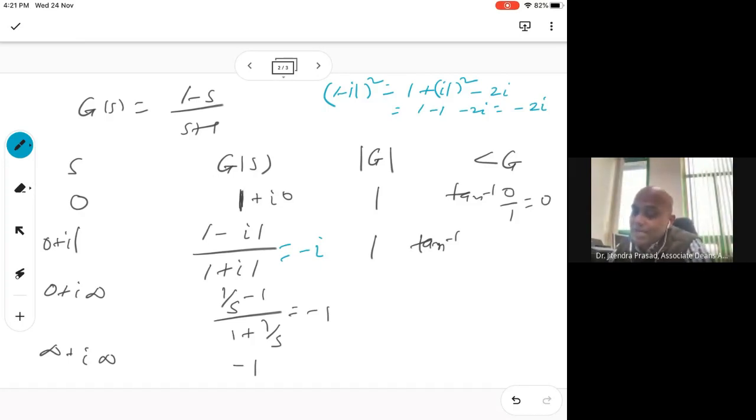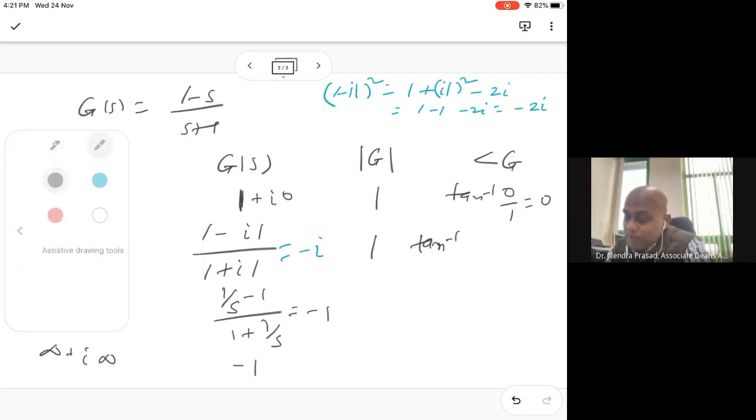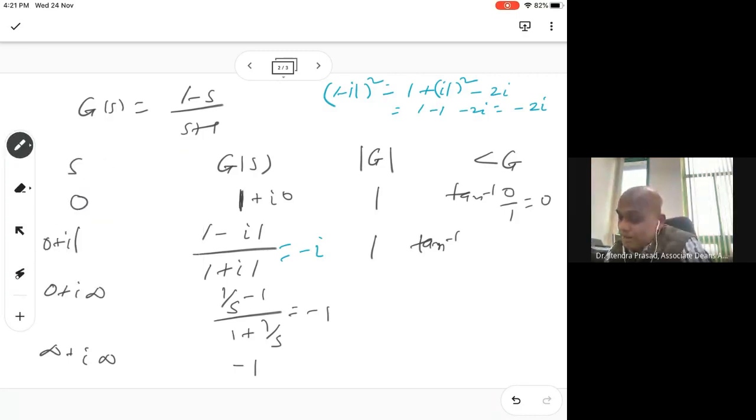Okay, if that is the case, then what is the value of tan? We can also write this as 0 minus I. So that's why you have 1 as the magnitude, and tan inverse of what? Minus 1 and 0, right?